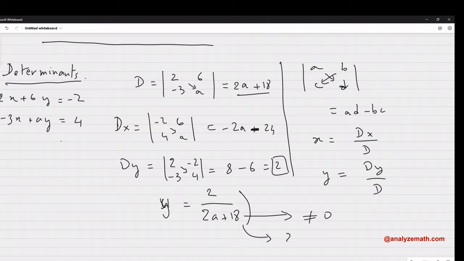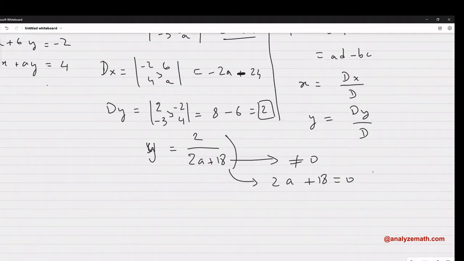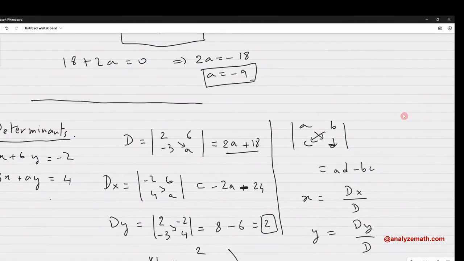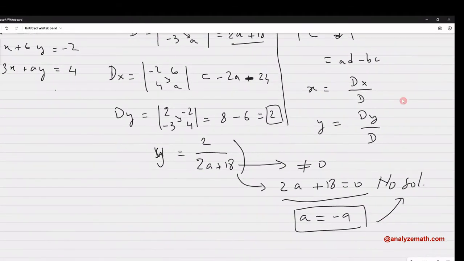So if it is 0, there is no solution. 2a plus 18 equal to 0 gives me no solution. And when I solve this, that will give me a equal minus 9. Same thing as before. When a equal to minus 9, the system of equation has no solution.